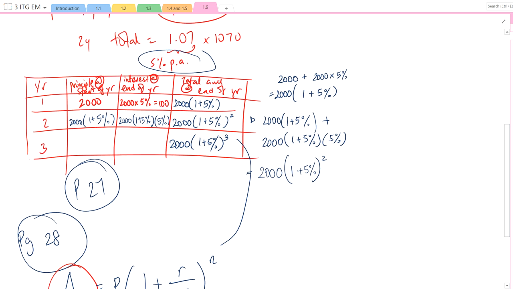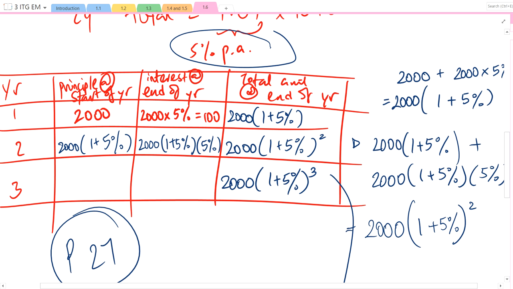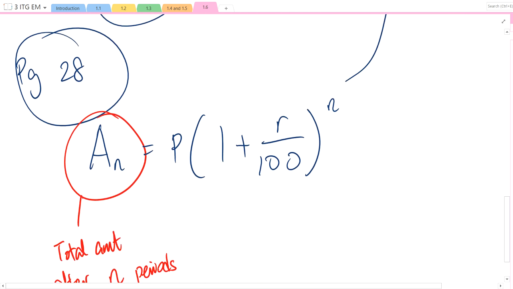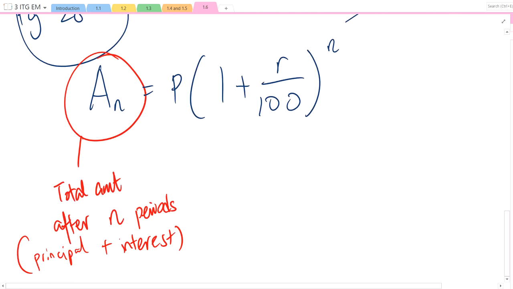This was obtained from our last column, when we wanted to calculate the total amount at the end of the year. The total amount includes your principal. So, that's what this formula gives us.